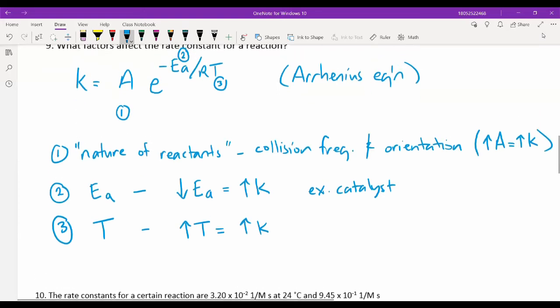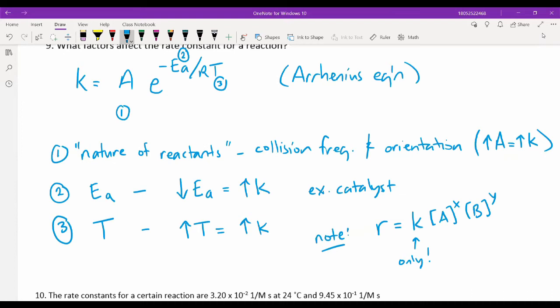One other way to look at this: when you're talking about the rate, you also have the concentrations that come in. Right now we're just talking about k, and like we said, a bigger k is a faster rate, a smaller k is a slower rate.